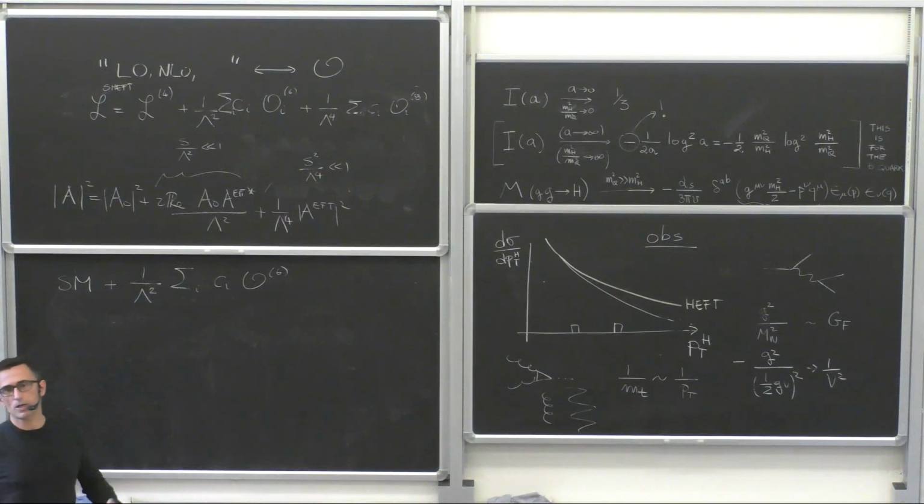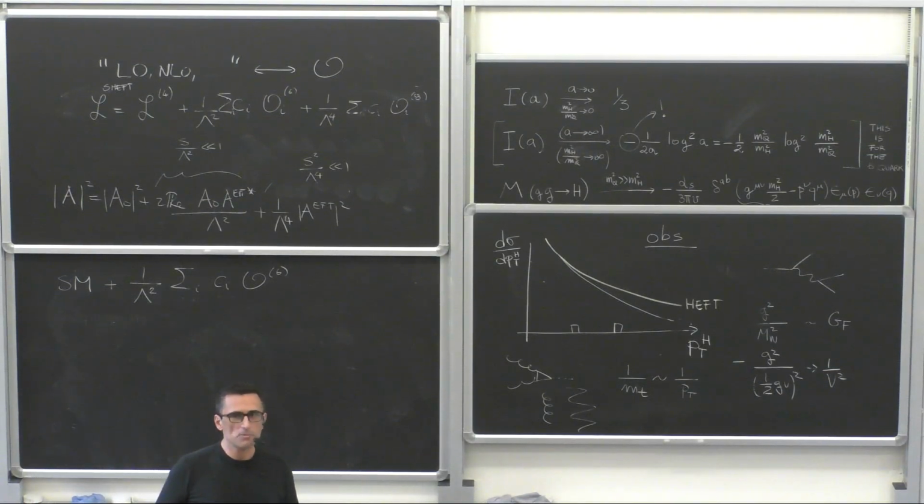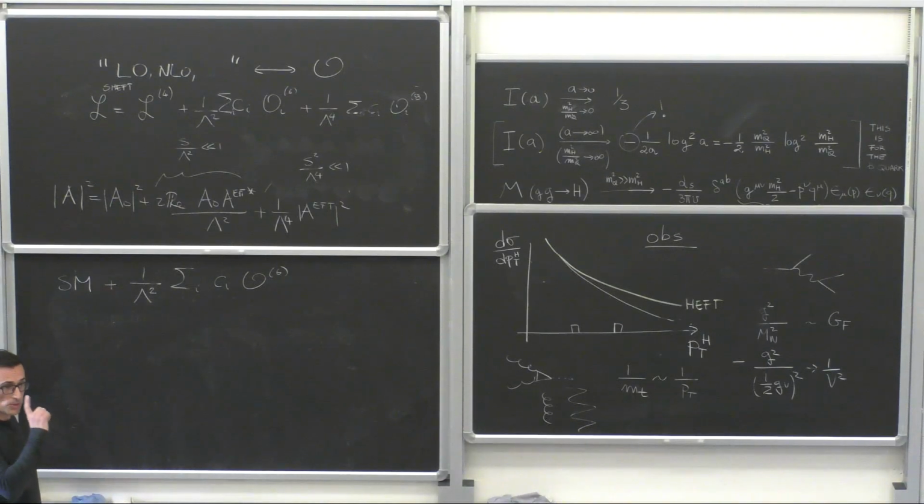And of course, there are 59, or 2499, depending on flavor. I'm not going to write all of them. So let me write 3 of them that matter in this business. Okay. So let me write one operator, the first one.